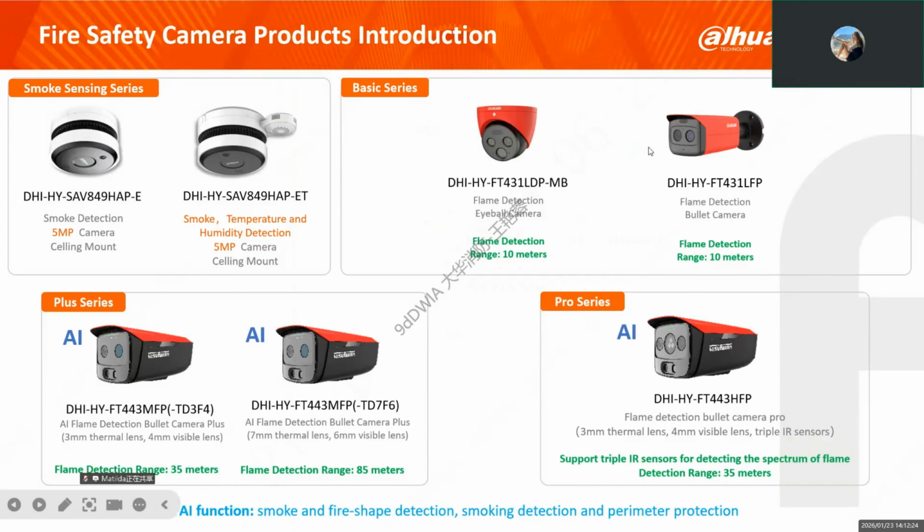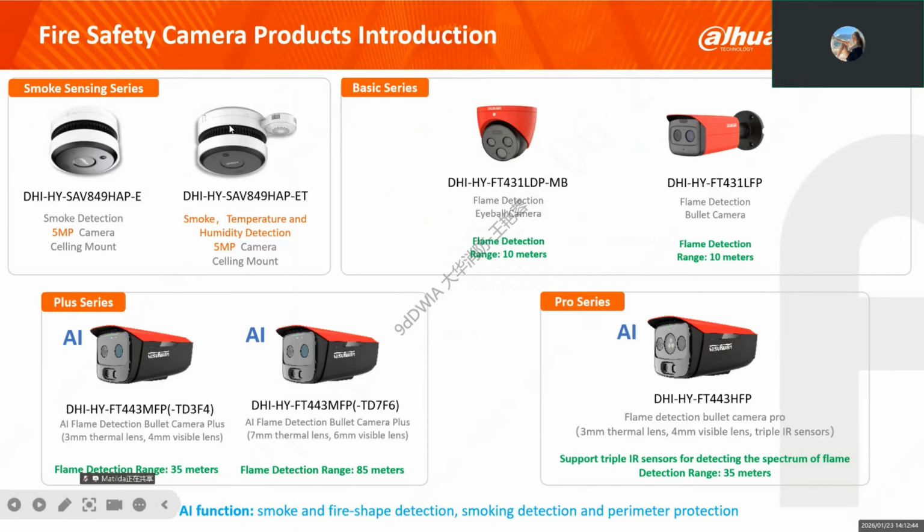This is our fire safety camera product family. For the fire safety camera, we have two types of camera. The first one is the smoke sensing series. For this series, there are two kinds of models.